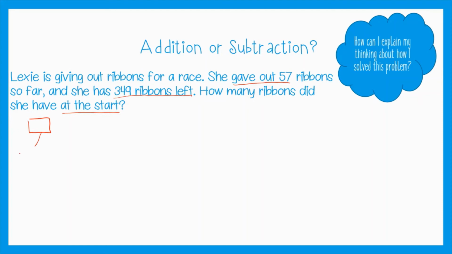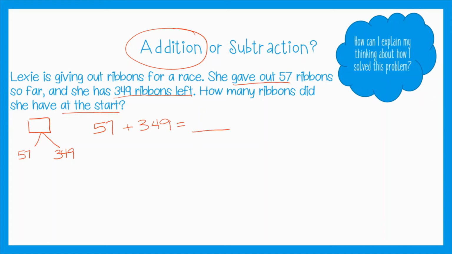I know she gave away 57 and she has 349 left. Now I know that if I have a missing total and I have two add-ins, that means I'm going to be doing addition. So I'm going to do 57 plus 349 is equal to my unknown total.